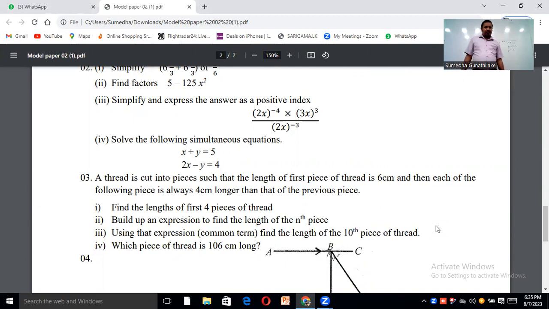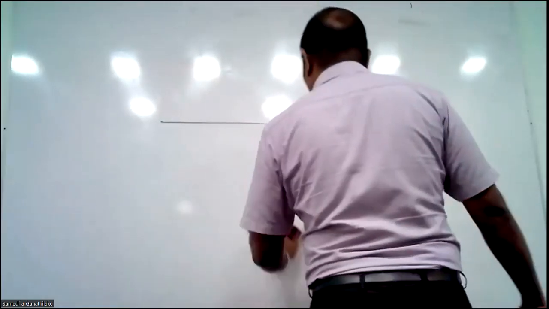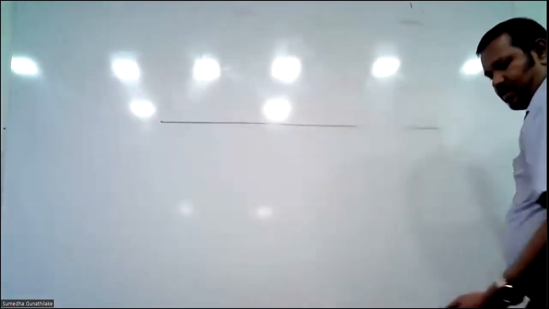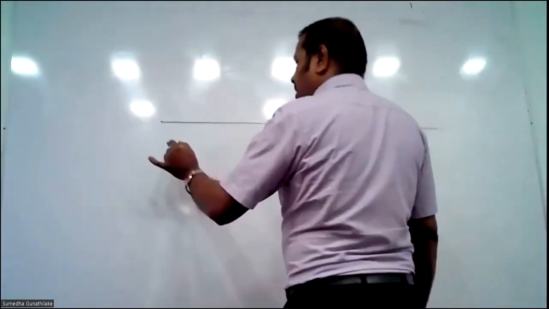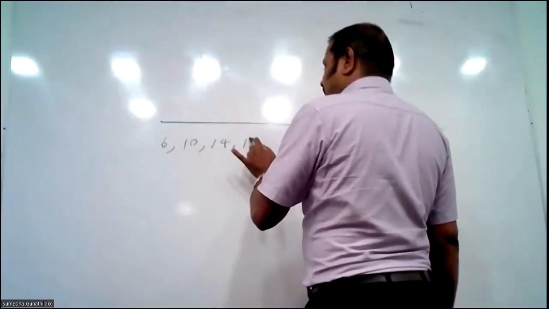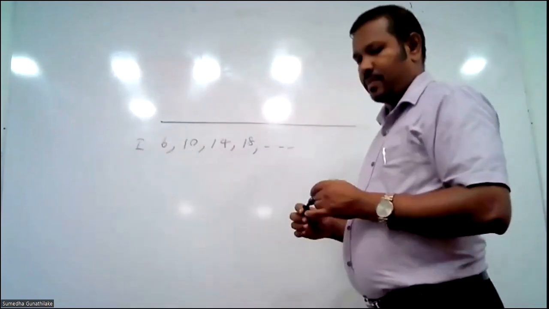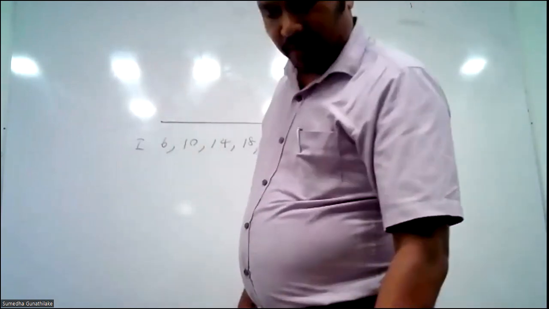Find the length of first 4 pieces of thread. 6 plus 4, 10. 10 plus 4, 14. 18 and so on. Right, first 4 pieces.